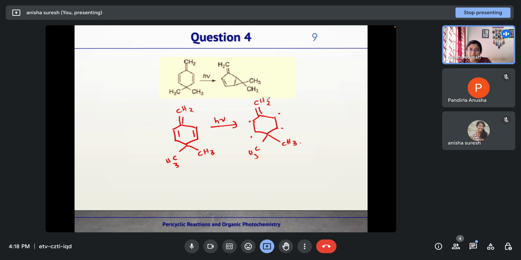Primary radical will not be that much stable. Then these can combine, leading to formation of cyclopropane.